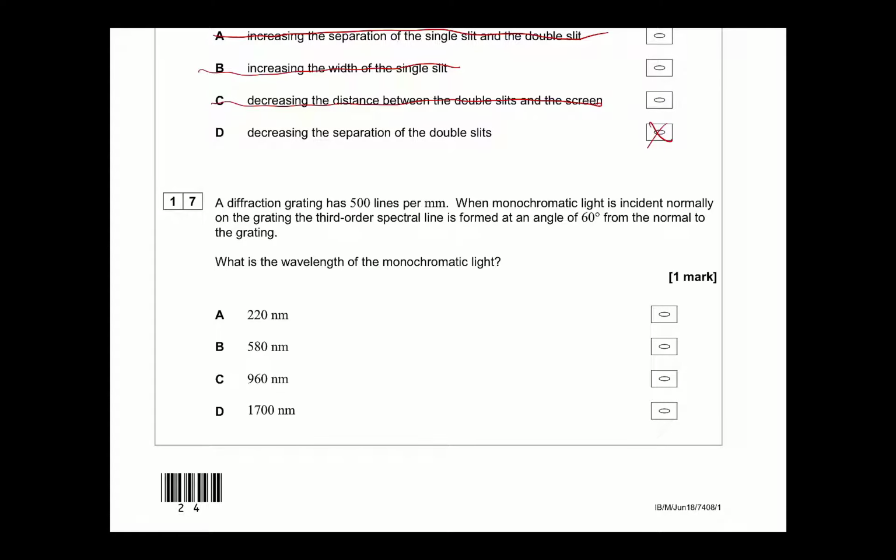A diffraction grating has 500 lines per millimeter. When monochromatic light is used, the third order spectral line is formed at an angle of 60 degrees from the normal. Okay, so d sine theta is n lambda.